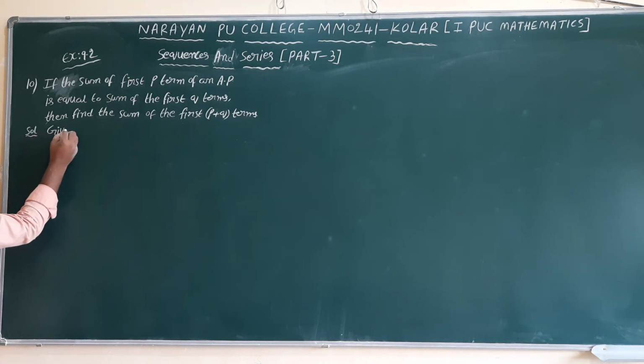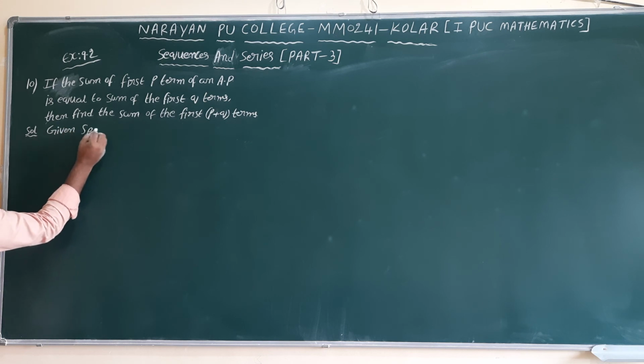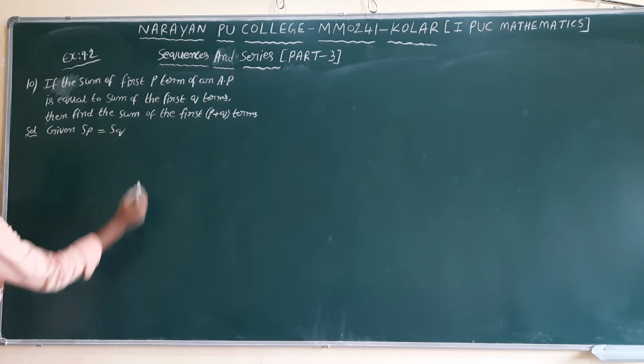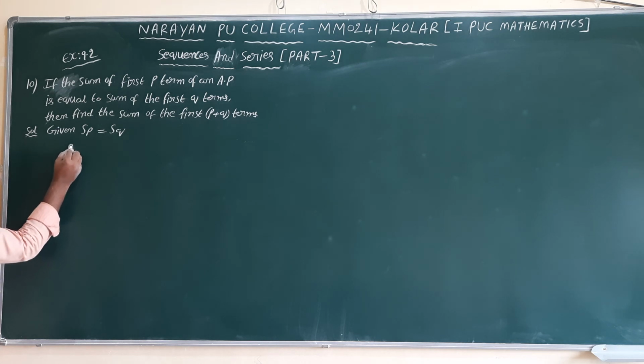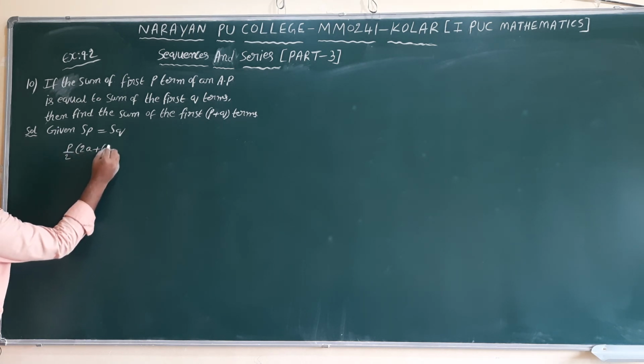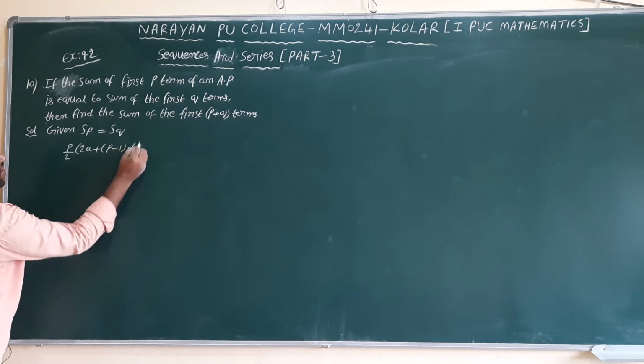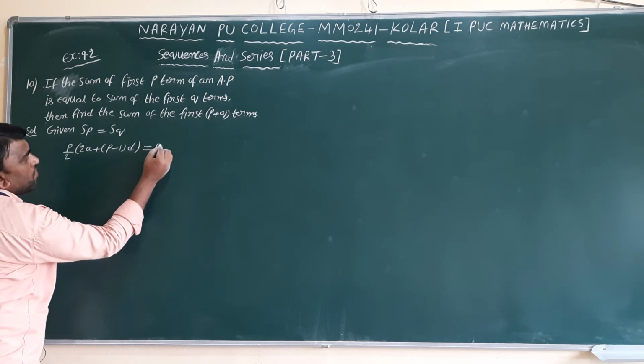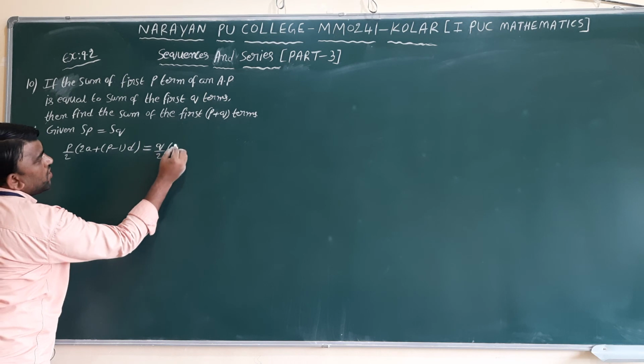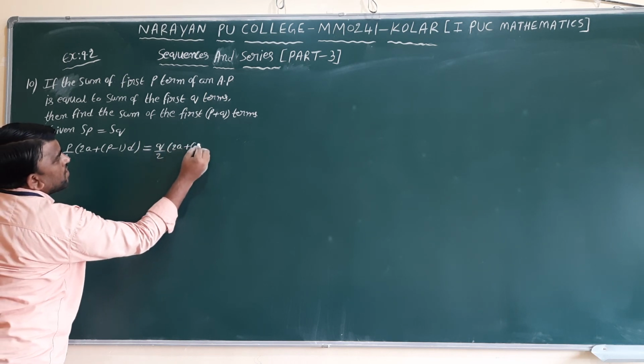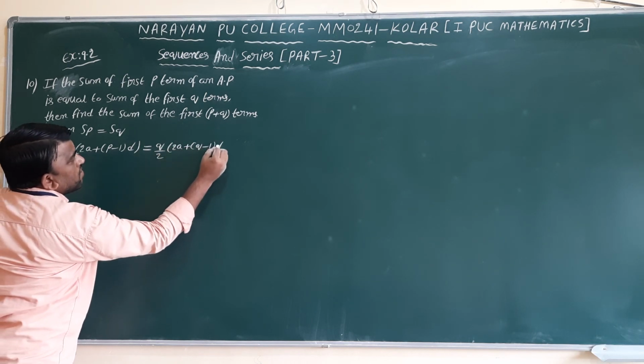Given Sp equals Sq. The sum of p terms formula p by 2 into 2a plus p minus 1 into d is equal to the sum of q terms formula q by 2 into 2a plus q minus 1 into d.